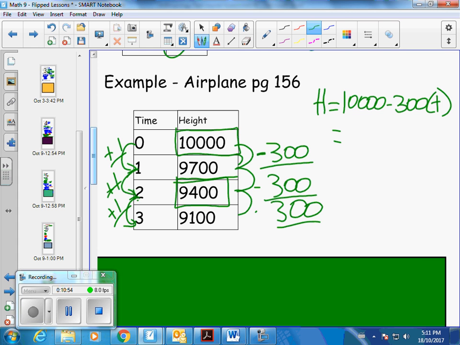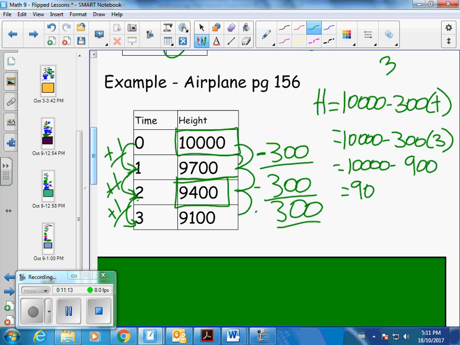Let's try 3. 10,000 minus 300 times 3. 10,000 minus 900 gives us 9,100. 9,100.